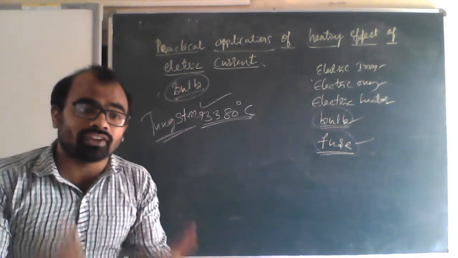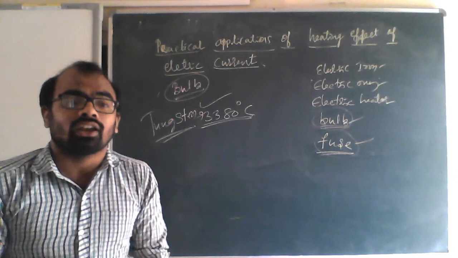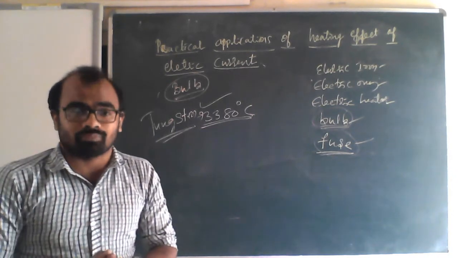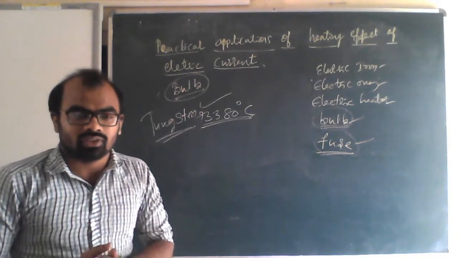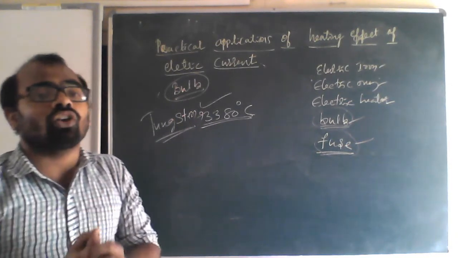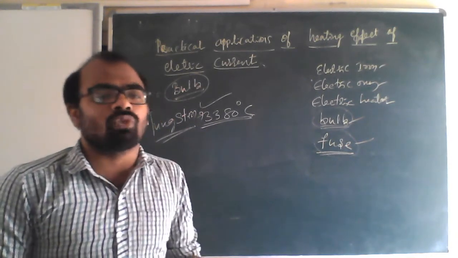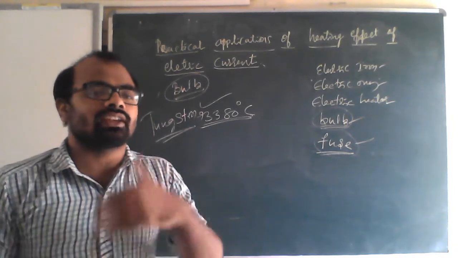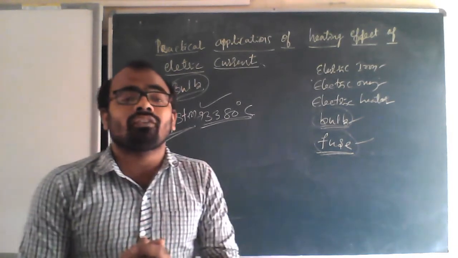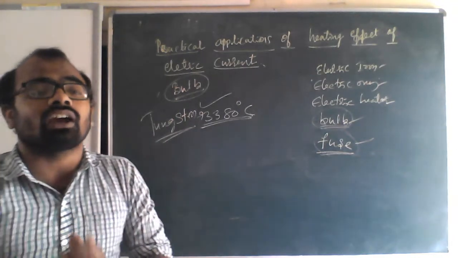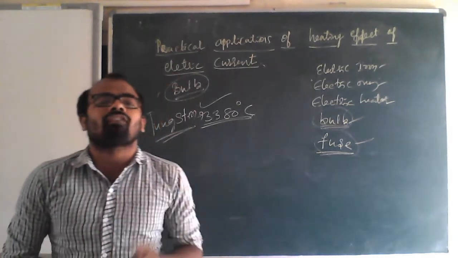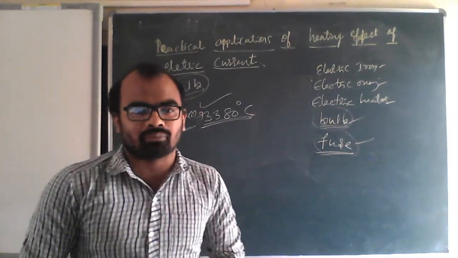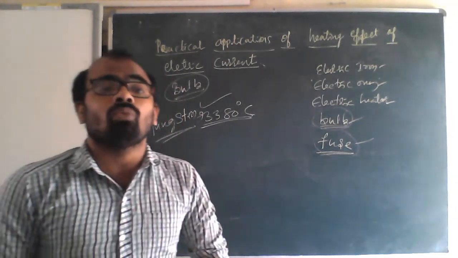If a lot of heat is produced, a lot of light will come, and the light will glow for a long time. As the resistance is more, heat energy is more, and heat energy more means a lot of light will come for a long time. The emitting of light will be there for a long time. This is how a bulb works.